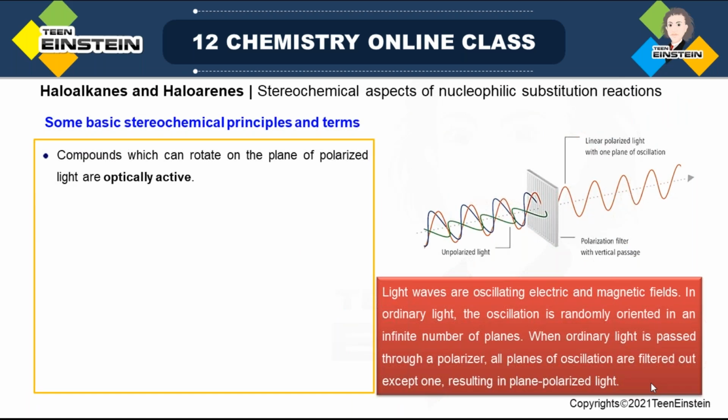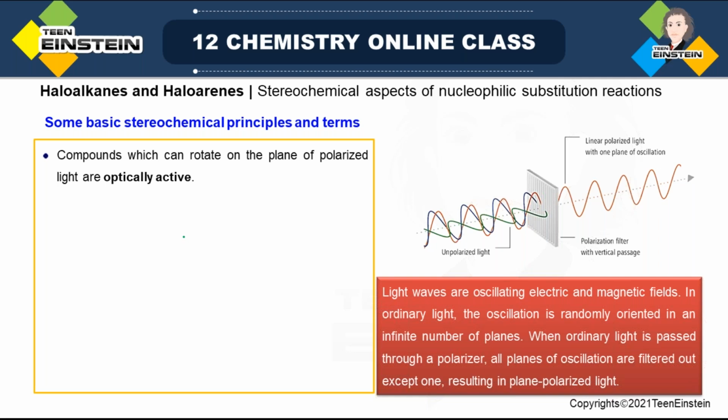Next is the stereochemical aspect. But before going into the details, you have to be familiar with some terms that are very common in stereochemistry. That is, for organic molecules, when we consider stereochemistry, some terms are very important. And what are these terms?